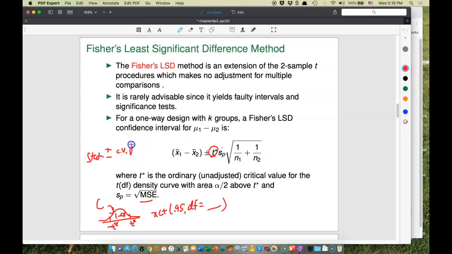We'll have the square root of the MSE showing up, just as it does here, and then we'll have the square root of 1 over n1 plus 1 over n2. So really the only difference between Fisher's, Bonferroni, and Tukey will be the particular critical value and what conditions we're imposing to get to that.